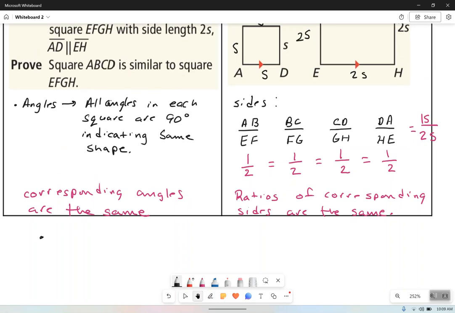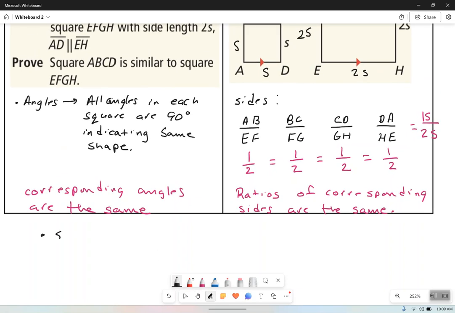Here's what we're going to say, and this is probably going to be true for everything. We're going to say square ABCD is similar to square, what's the other square that they're looking at?